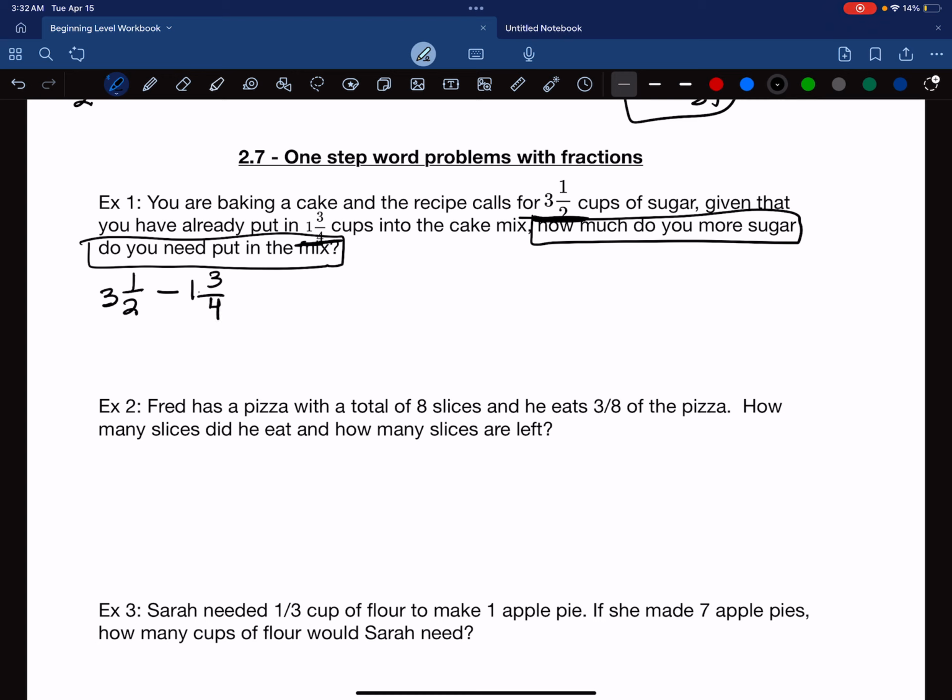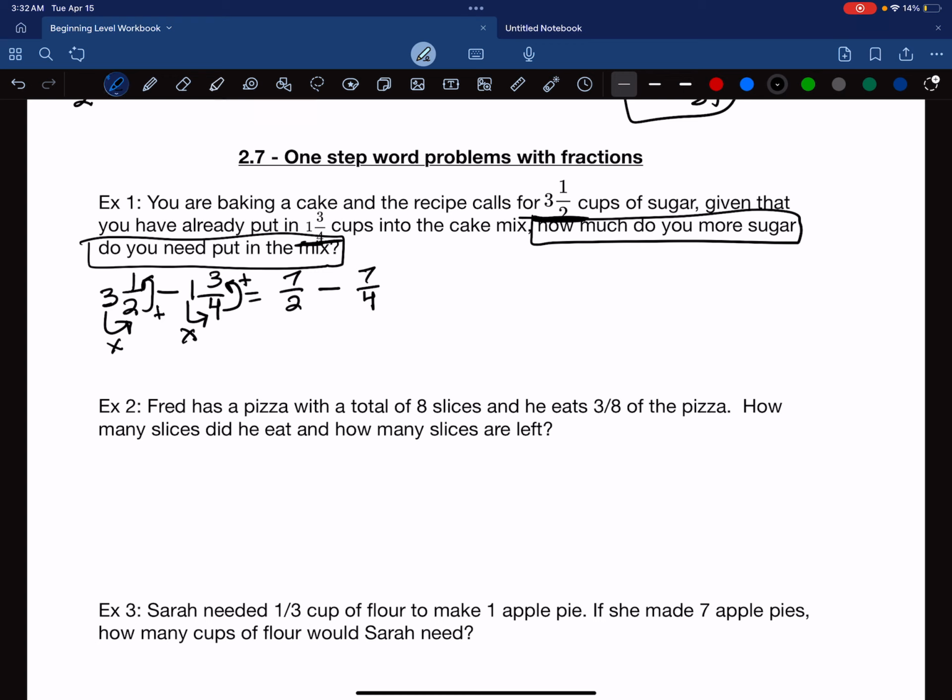And then, as we've seen, when we subtract two mixed numbers, we first want to convert them into fractions. So 3 times 2 is 6, and 6 plus 1 is 7. So we get 7 halves minus, and let's convert this one. 1 times 4 is 4, 4 plus 3 is 7, so you get 7/4.